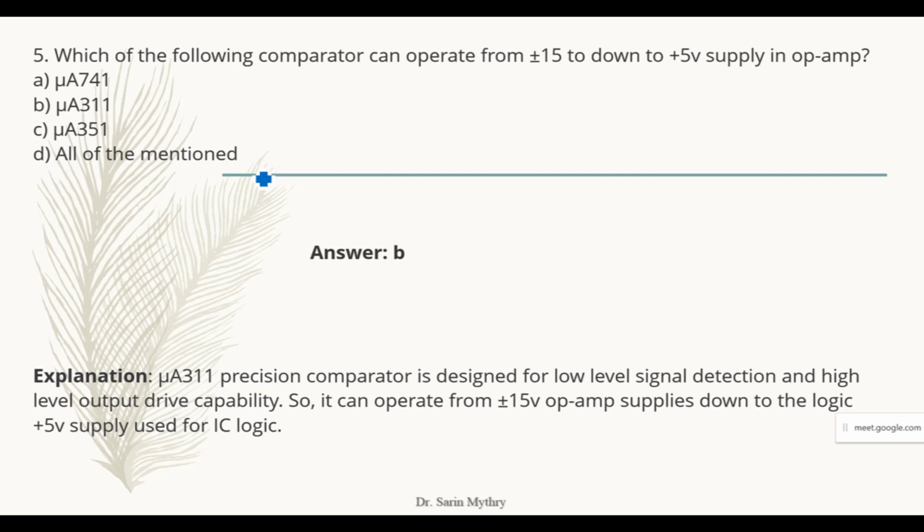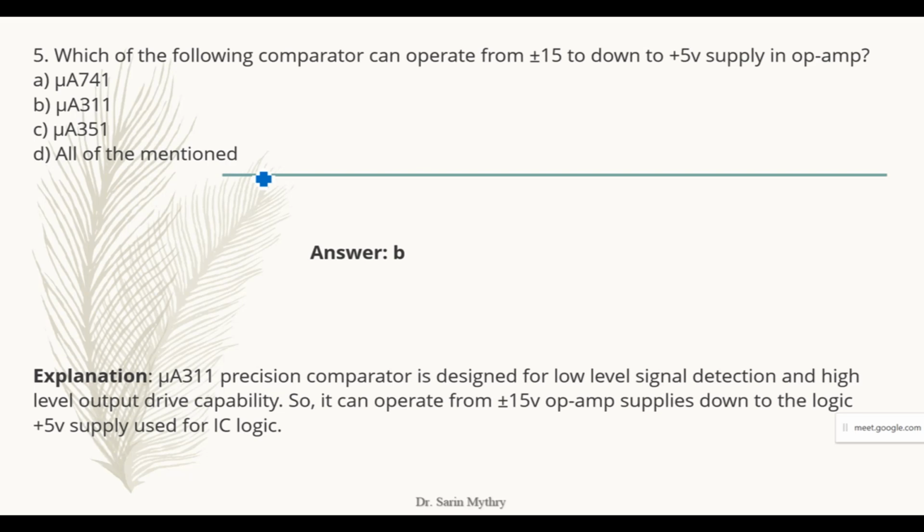Fan in is how many inputs we are triggering to the logic, and fan out is how many circuits or gates one particular gate output is driving. In the same way, this 311 precision comparator has a large capability of driving the outputs.